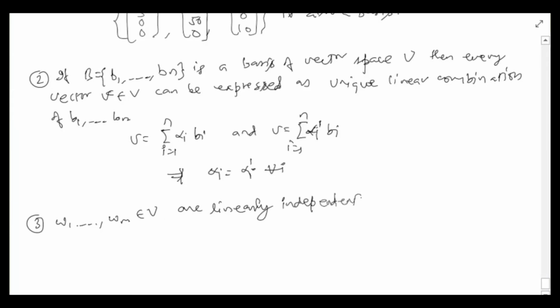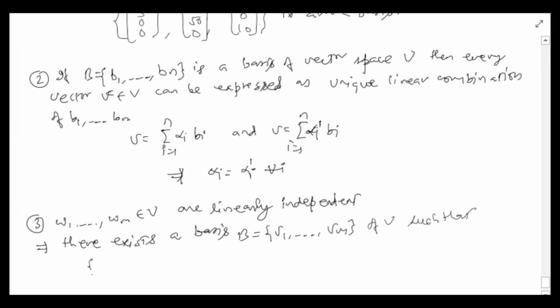That means there exists a basis, let's say v1 up to vn of V, such that the collection w1 to wm is a subset of the collection v1 to vn.